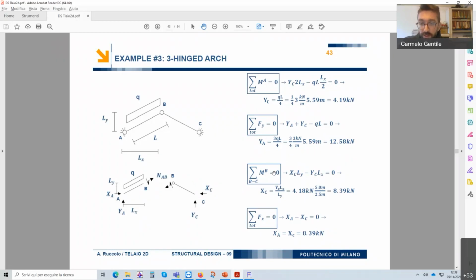We compute this equation, and we find that the value of Xc is 8.39 kilonewton. Now that we have found Xc, we can directly find also Xa, simply applying the horizontal equilibrium of all the forces. So we write this: we have only Xa and Xc, their sum is equal to 0, and we find the value of Xa.